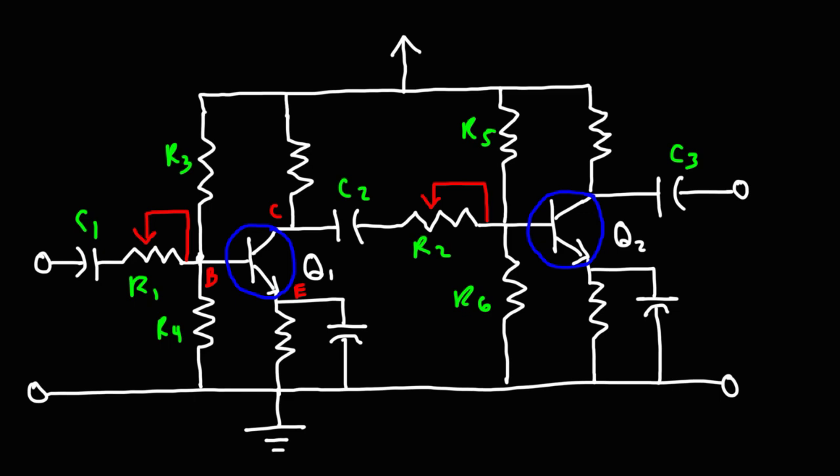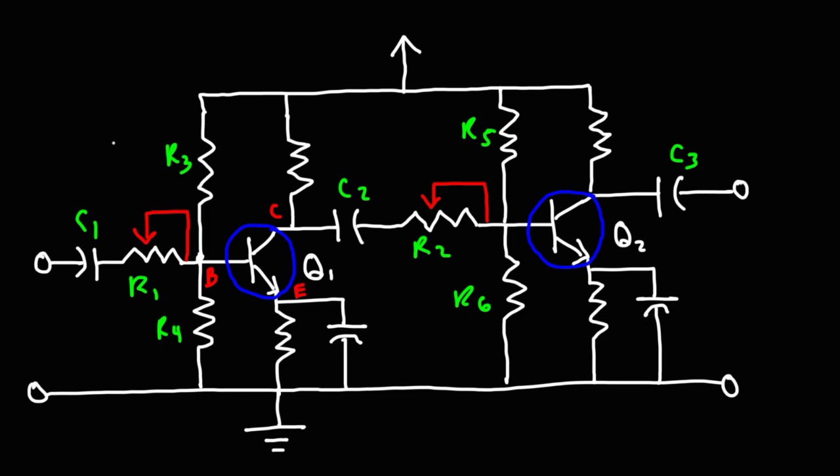And so by having these two potentiometers, you don't have to worry about the exact values of R3, R4, R5, or R6, because you can adjust R1 and R2 to make sure that the input voltage applied to the base of Q1 and Q2 is not too high, so that you could reduce distortion. Thus, R1 and R2 can be used to control the volume of the audio amplifier.